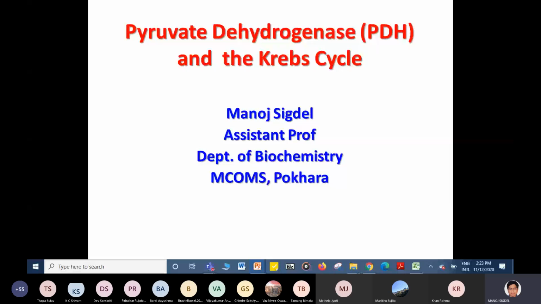That means the conversion of pyruvate to acetyl coenzyme A. Where does that step occur? In cytosol or in mitochondria? Okay, that step also occurs in mitochondria, because after the formation of pyruvate, that pyruvate will be carried to the mitochondria, and in the mitochondria itself, that will be converted to acetyl coenzyme A and go through the TCA cycle.